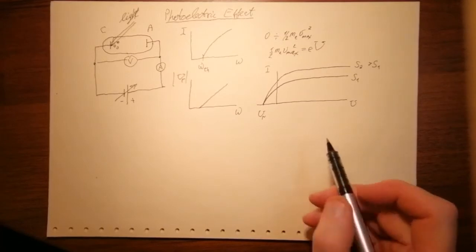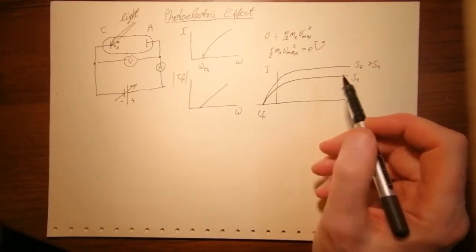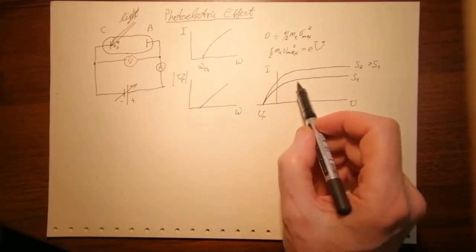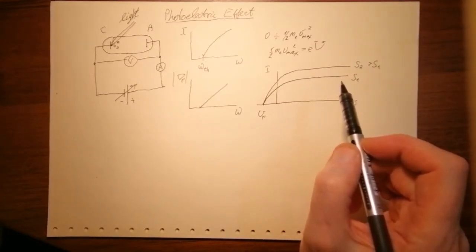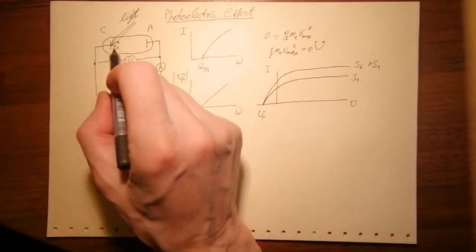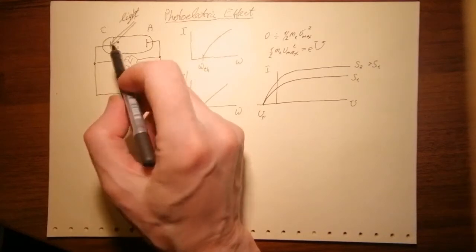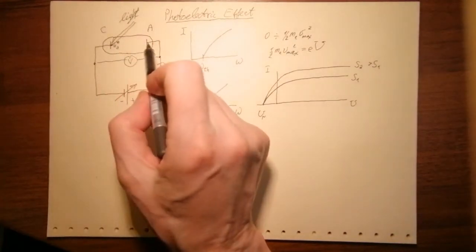The question arises how we can understand qualitatively why current reaches this saturation level. It's easy to understand that saturation is reached when all the electrons which were emitted under illumination of light reach the anode.